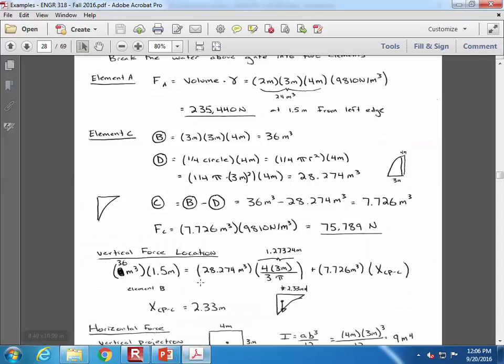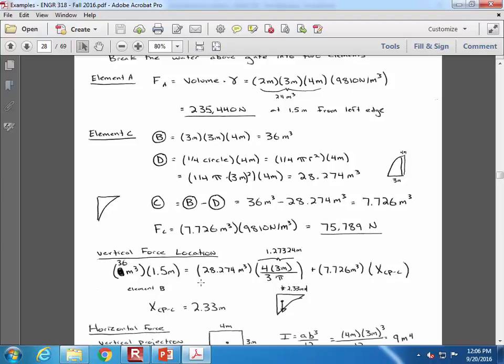Okay, so back to the solution. Give you a few minutes for this to soak in like a stain on a carpet or something. The vertical force location. Well, it's just the same thing we did before, the weighted average. So we know that the overall area of the shape is 36.